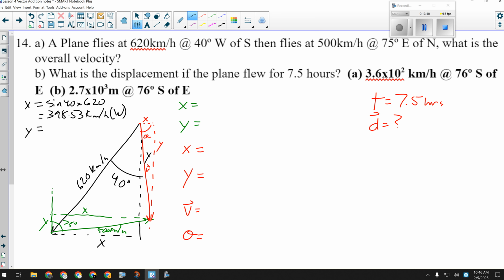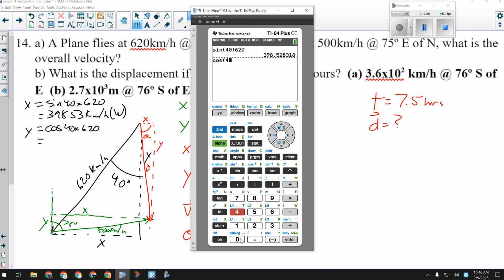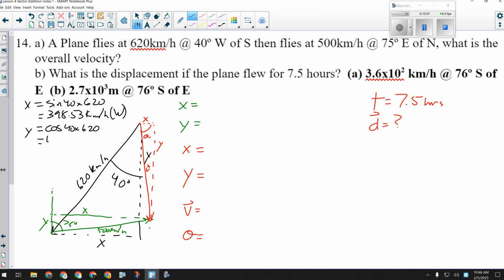To find the Y, it's adjacent to the 40-degree angle, so cos of 40 times 620. So that side is going to be 474.95 kilometers per hour, and that one is directed south.